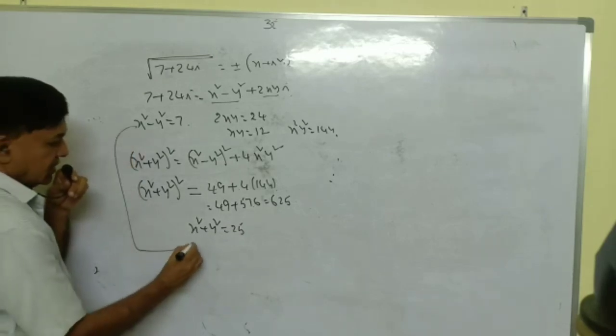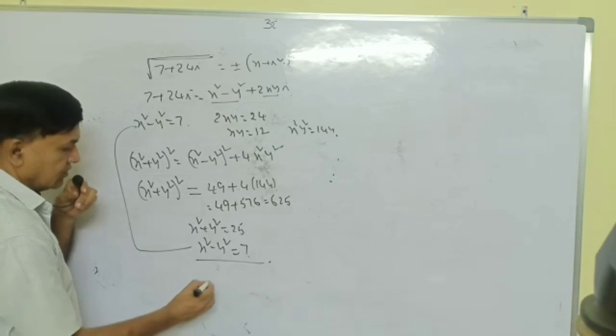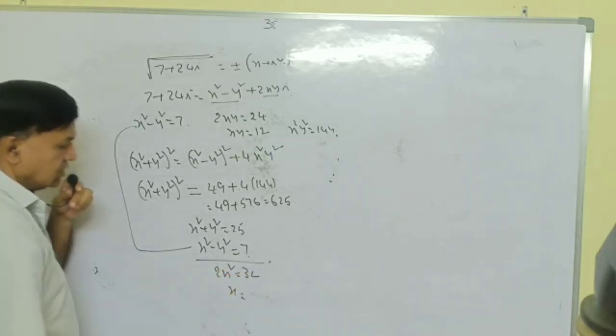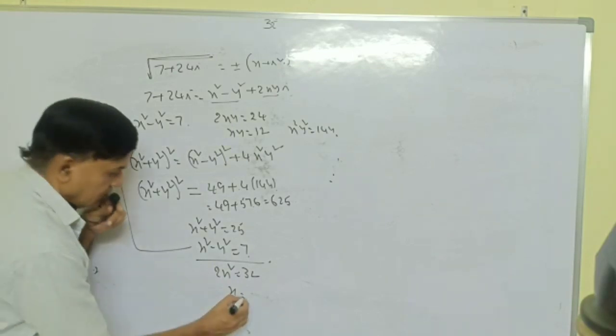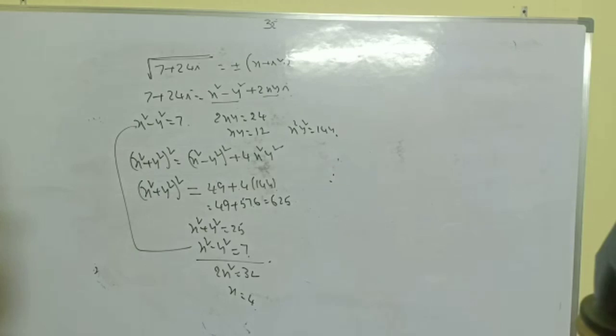You bring this here. X square minus y square is equal to 7. So 2x square is equal to 32. X is equal to how much? 4. Already here we wrote plus or minus, so there is no problem. X is equal to 4.